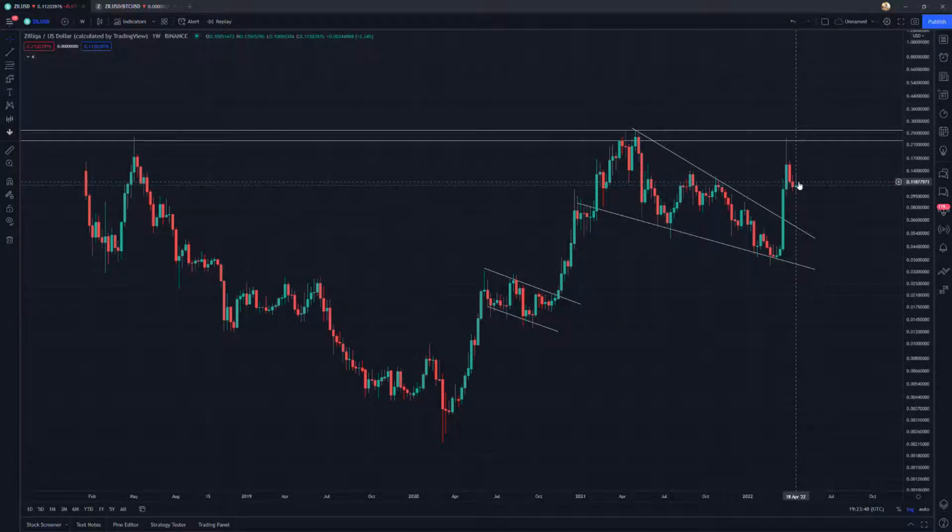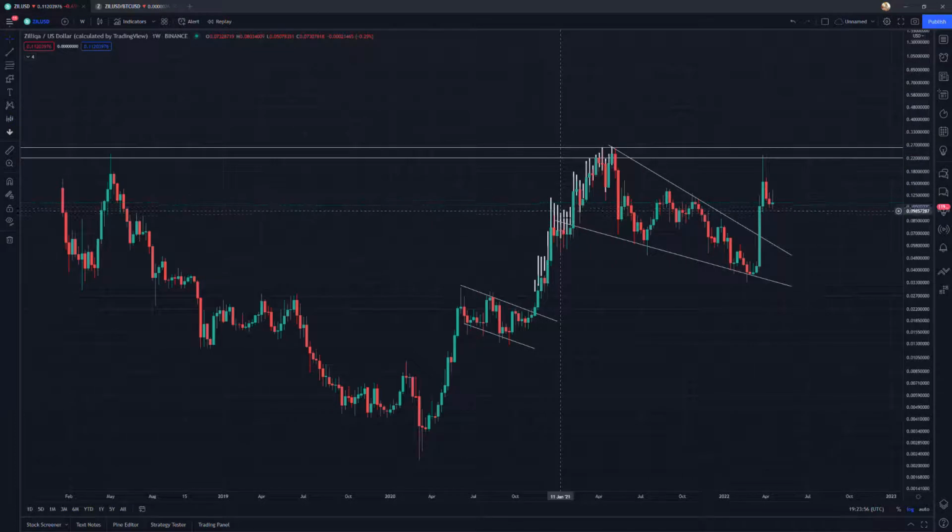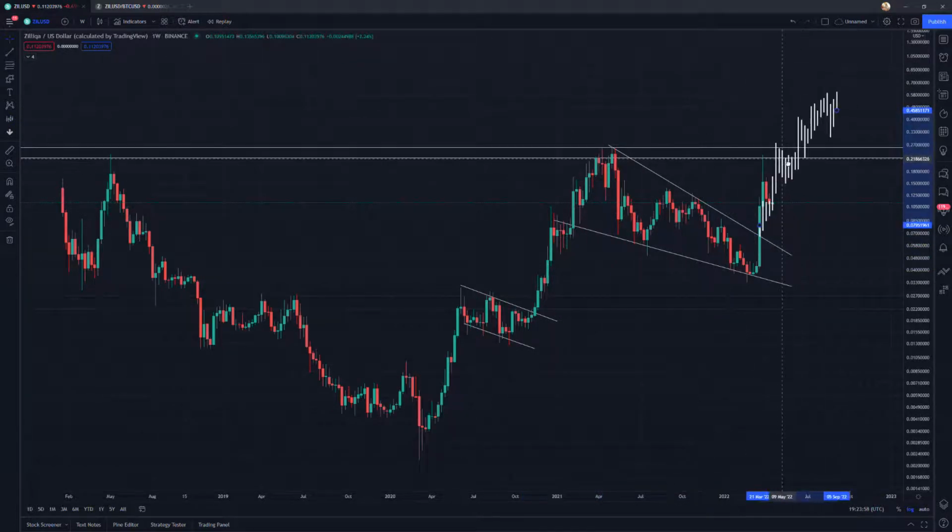If we take a bar pattern of the last major leg up from this level here and overlay that to our breakout price, you can see how quickly it adds up and we can get up to 50 cents, which again is extremely significant.